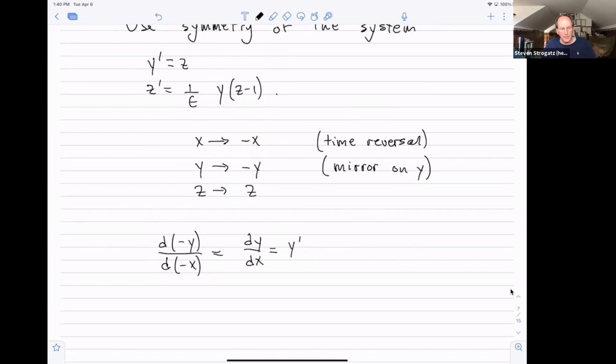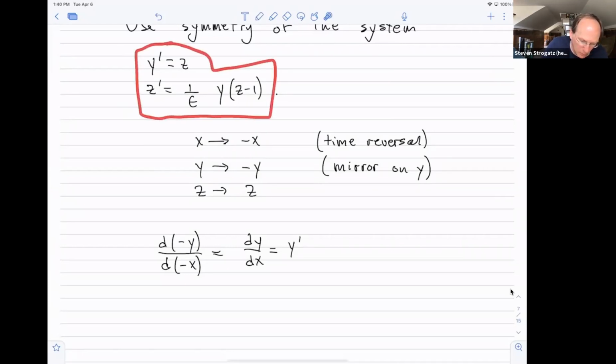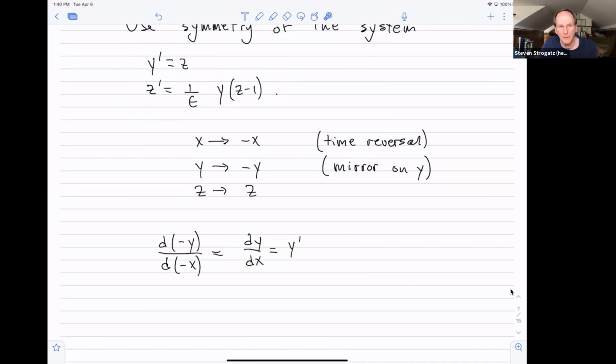Which is still y prime. So what I'm saying is, look at this system of equations. Under this change of variables, the equations stay the same. The equations for this new set of variables are the same as the equations for the original set of variables, because y prime stays the same. This equation is still satisfied because z prime would change sign.